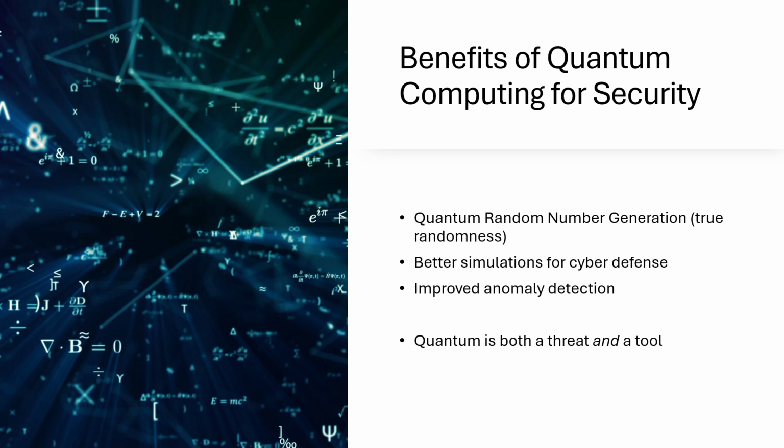It can be scary. Quantum random number generation provides true randomness, or at least a lot closer to random than current computers can. That will provide us with better simulations for cyber defense, improved anomaly detection, because, think about it, with viruses and anomalies, say malware, in the quantum age, if it's using AI and quantum computing, you could have malware that is injected into your system that is constantly adapting to changes that are being made.